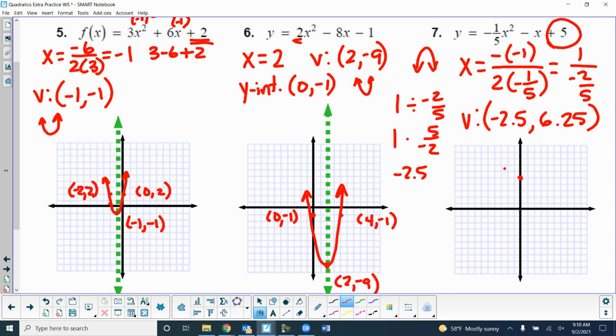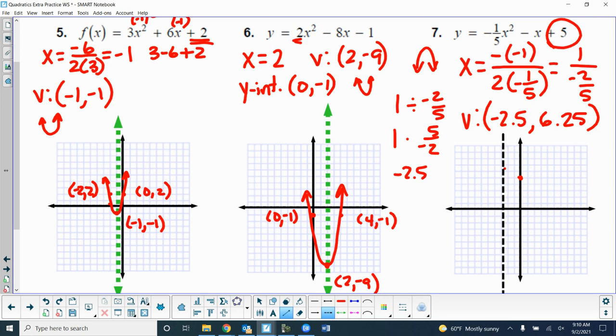My axis of symmetry, I'm going to draw a skinnier line. And it, well, I got a dashed one, I guess. Didn't want to stay straight for me. I missed it a little bit.